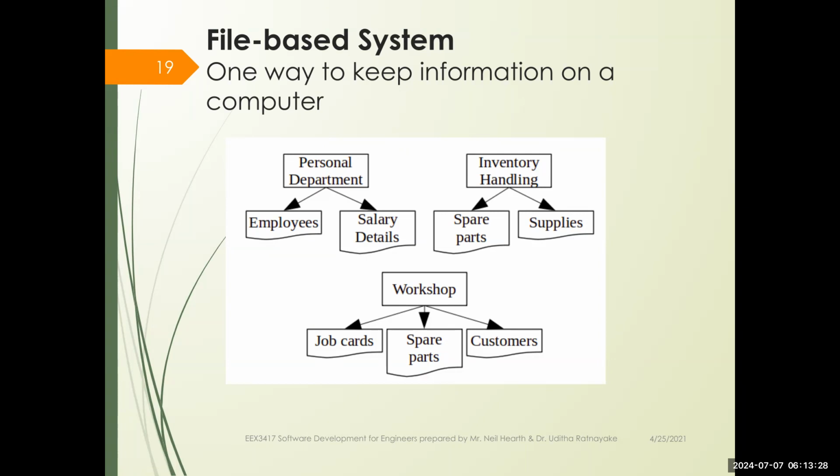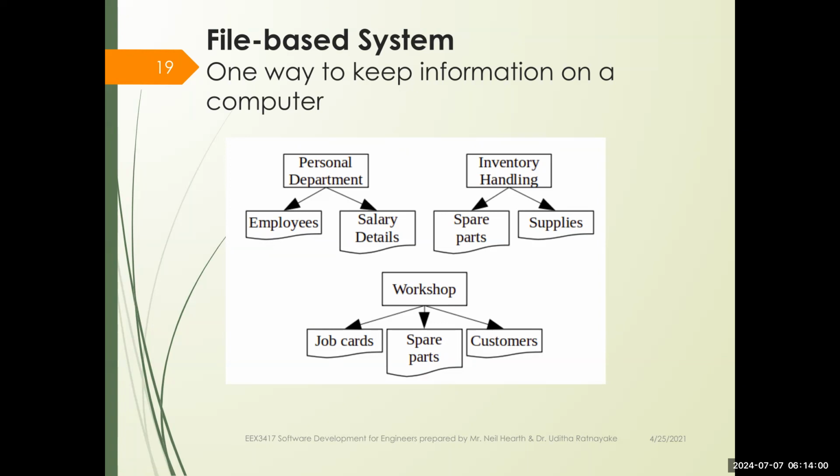We can create separate folders in our computer, and this organization has three departments: personnel department, workshop, inventory handling. Inventory handling is the supply station. So there are three departments.